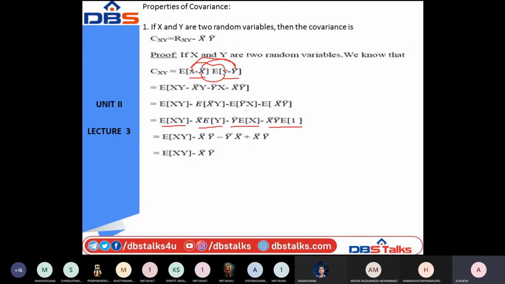Okay, so see here, e of xy minus x complement y complement minus y complement x plus x complement y complement, so it will be equal to e of xy minus x complement y complement.